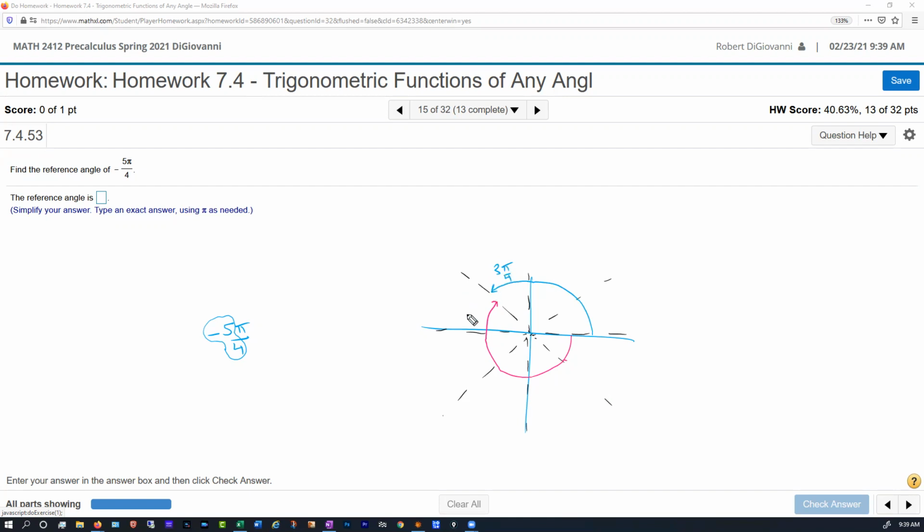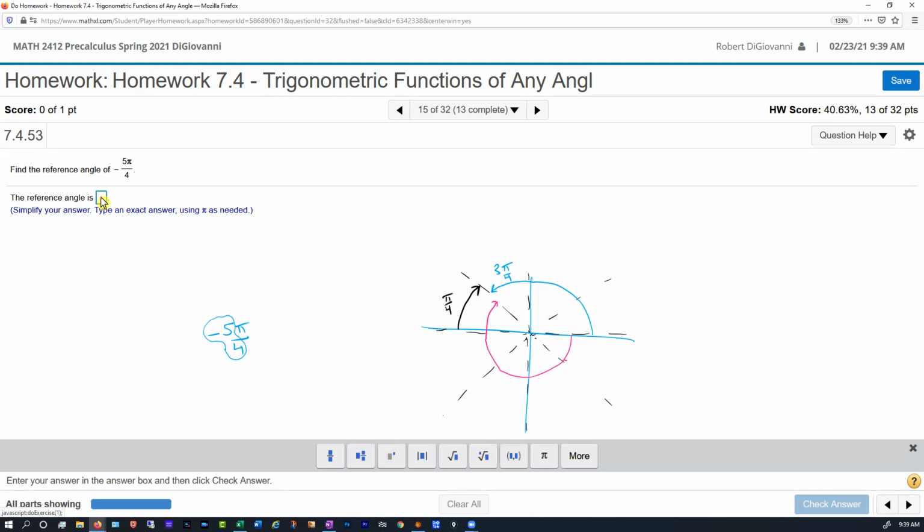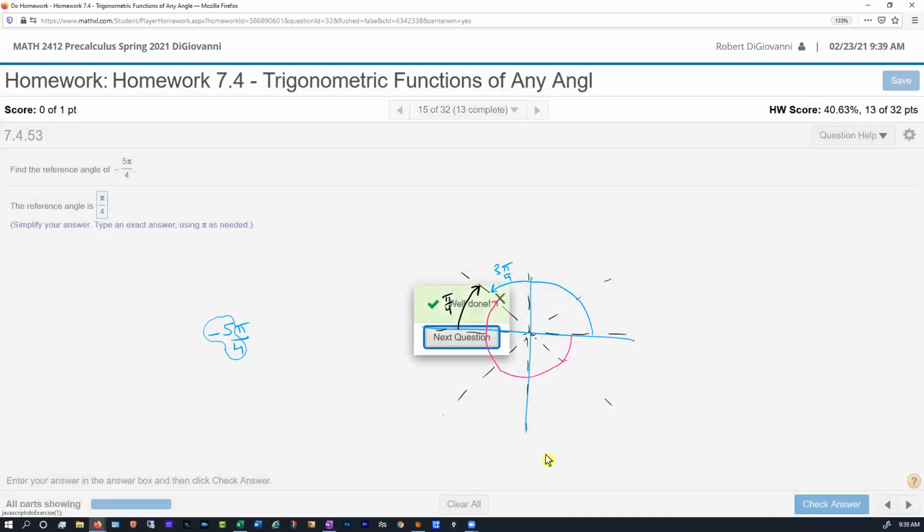What we're looking for is this angle here, which would just be pi over 4. That's what we need to get up to this angle. I'd need pi over 4 here. That would be my reference down to the x-axis. So I just go pi over 4. I think that's a cleaner way of doing that problem.